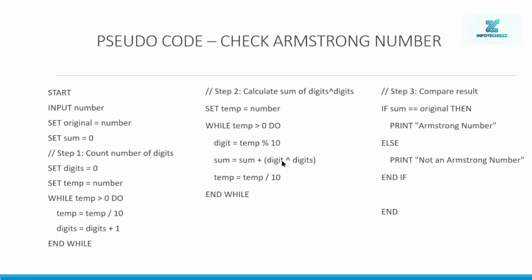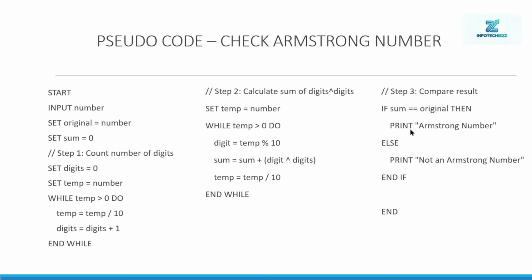And if the next digit is 5, I have to do 5 power 3 plus my previous value, which is 3 power 3. So I have to do a sum of digits power digits. After that, I'm removing my last digit, and from this I'll get the sum of digits power digits. And in the third step, I'll compare my sum value and my original value.